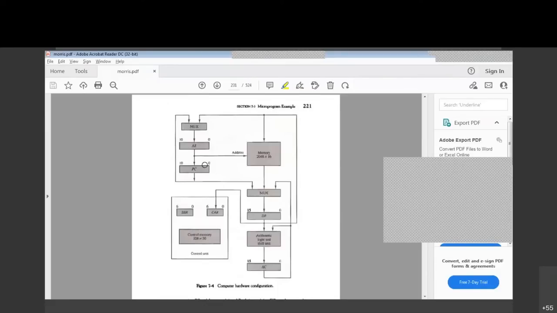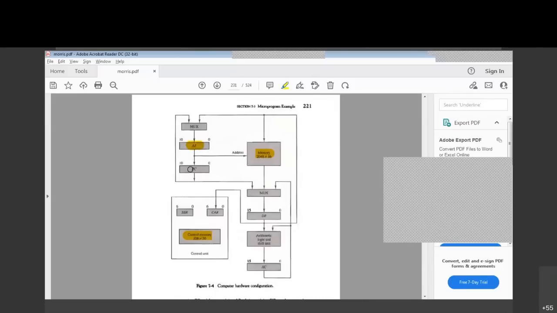As discussed earlier, a computer that follows microprogram organization has two types of memories. One is the main memory and the other is control memory. Here, the main memory would be storing all the programs. This main memory is associated with 4 registers.